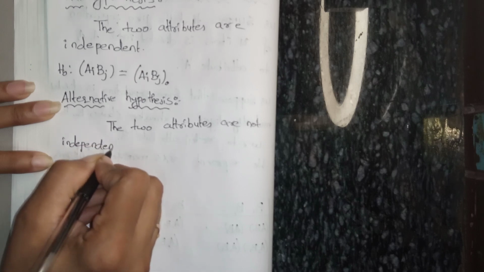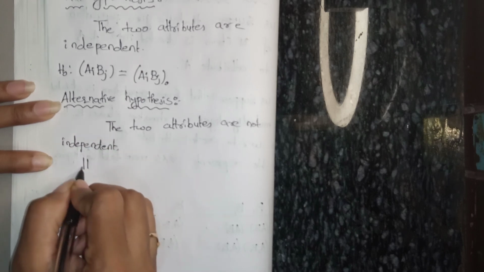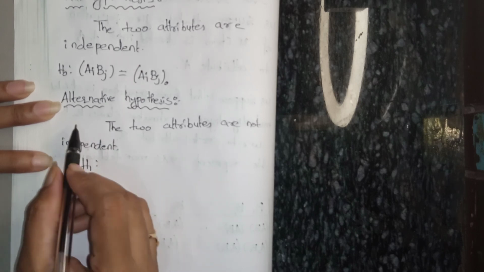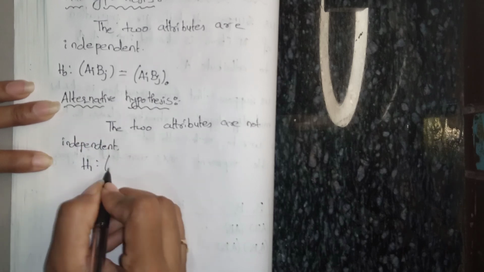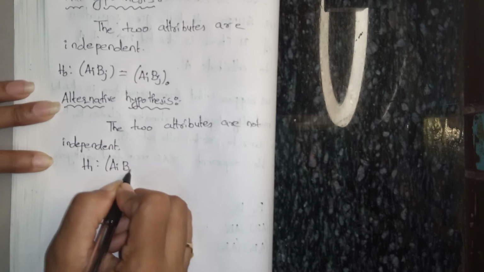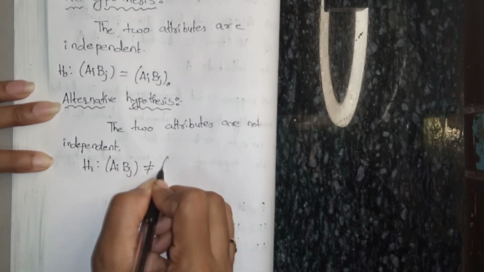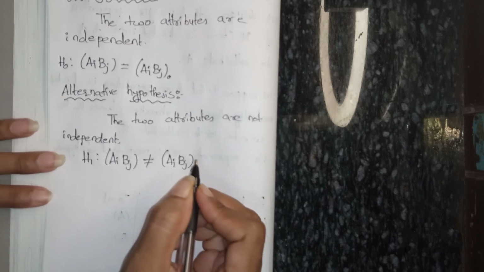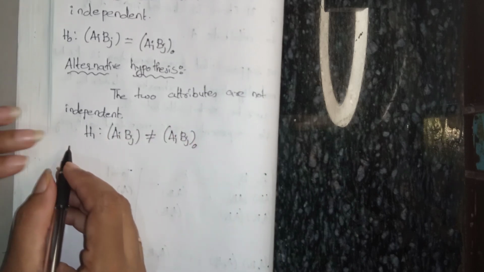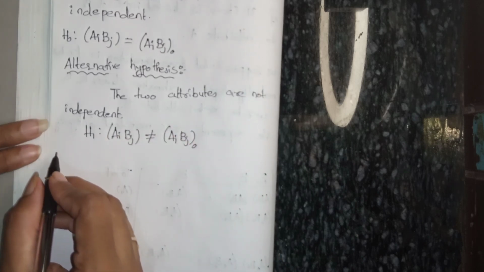That means H1 such that AiBj not equals AiBj naught, because the alternative hypothesis is denoted with H1.